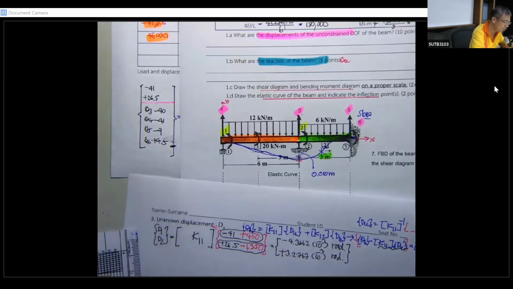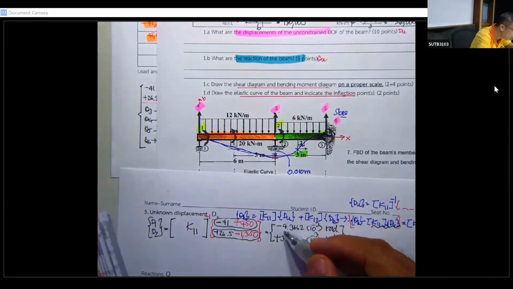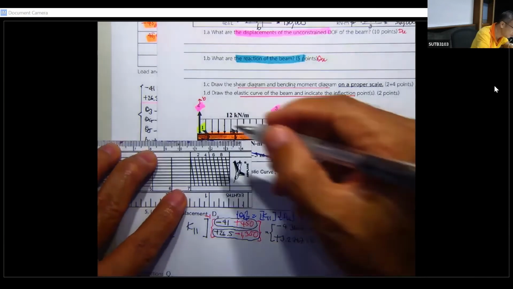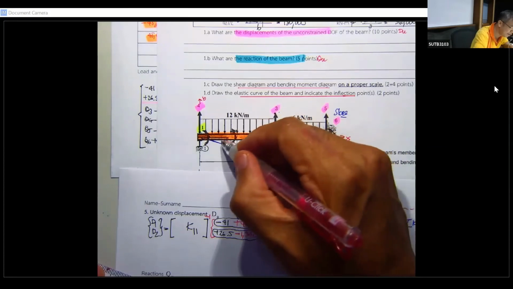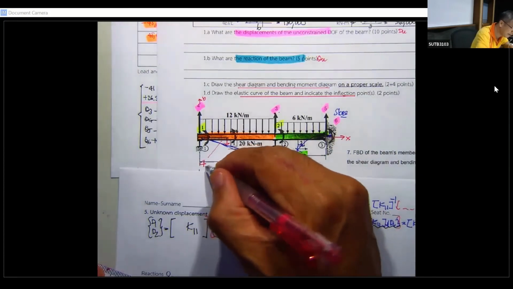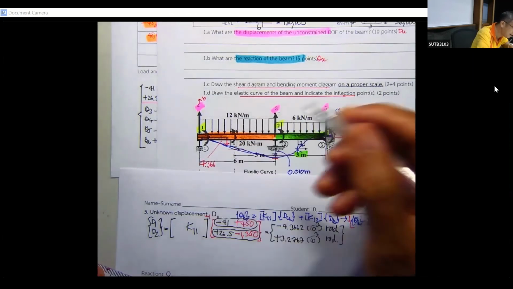When you have this, you may come to this one, okay, and you may see the number 1 here. We have the negative, so the rotation that occurs here is going to be in the reverse direction of this, and this is going to be 4.3662 times 10 to the minus 3 radian.